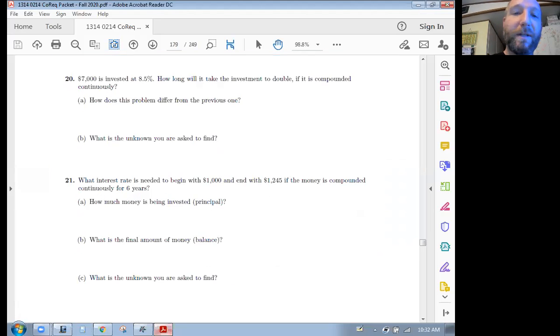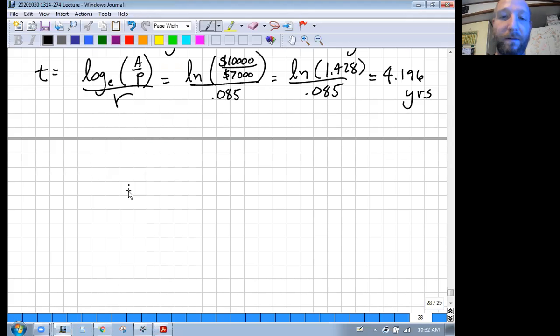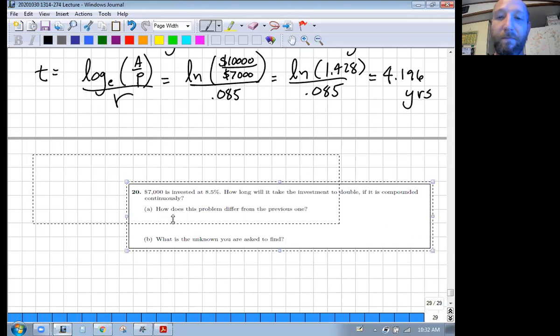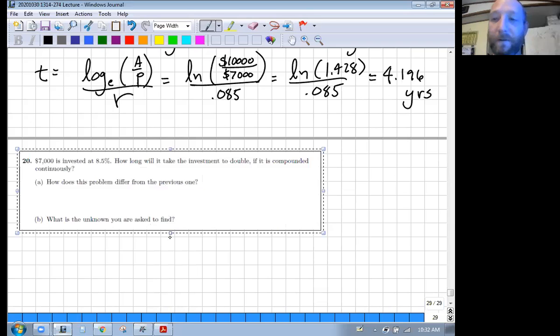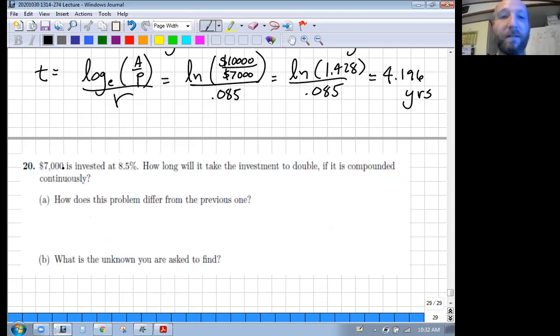All right, number 20 here. $7,000 is invested at 8.5%. So far, it's the same as the last problem. How long will it take the investment to double if it's compounded continuously?